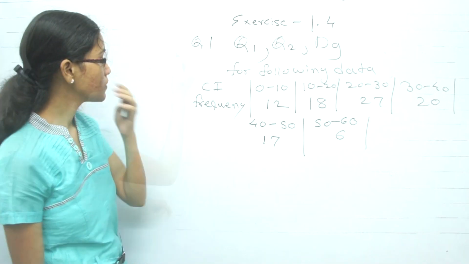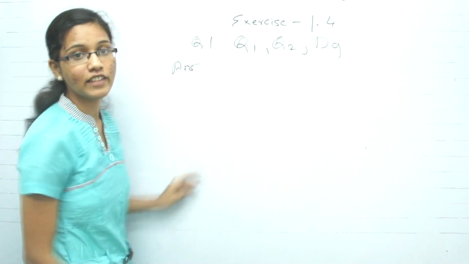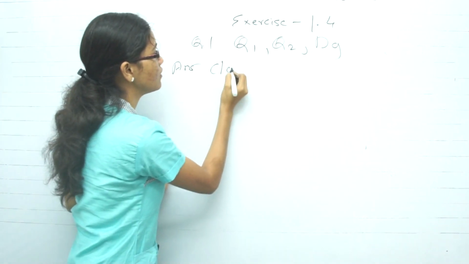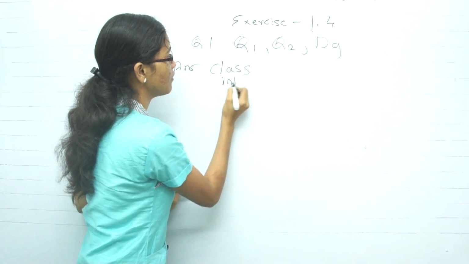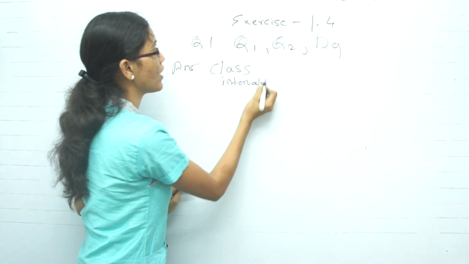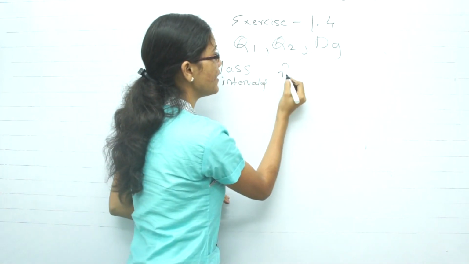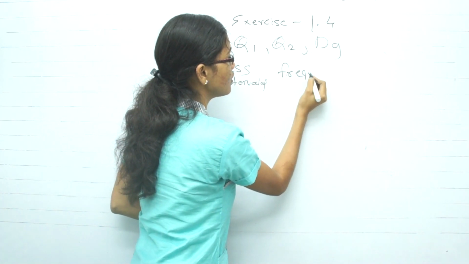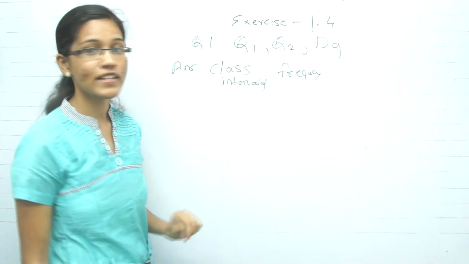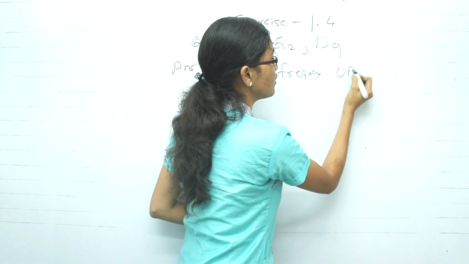First is the class interval. In the exam you have to write in columns: first the class interval, second the frequency, and third the upper class boundaries.